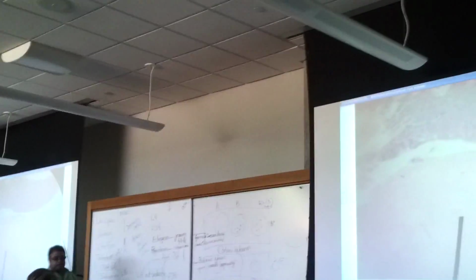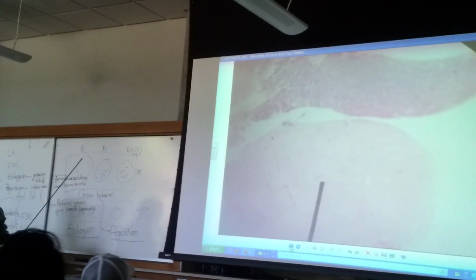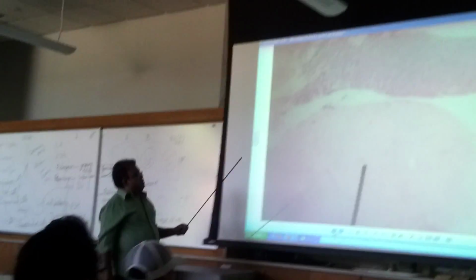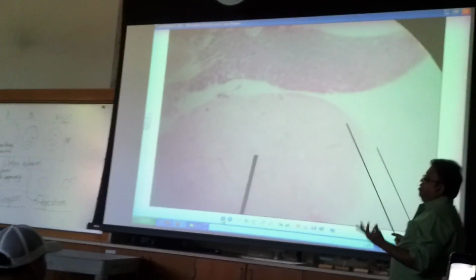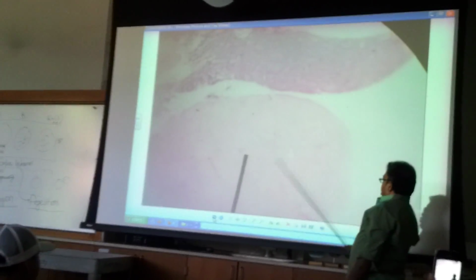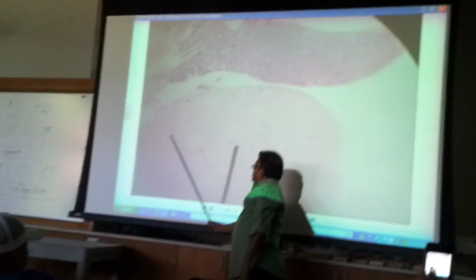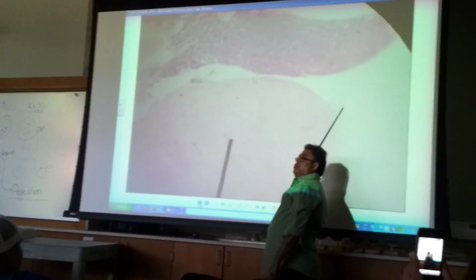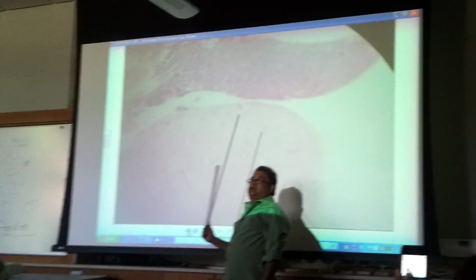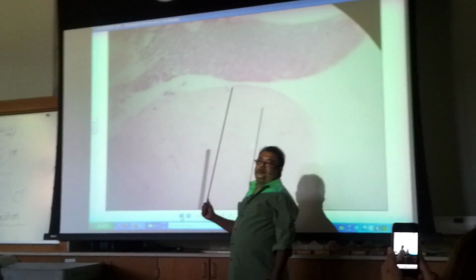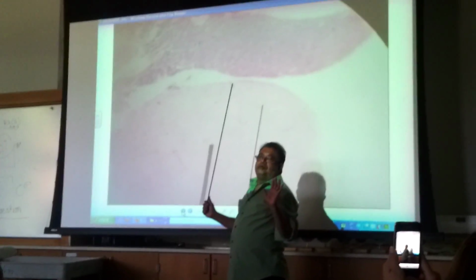What it means is, if you surgically remove the anterior pituitary, then all these 7 hormones will be gone. They will neither be produced nor released. But if you surgically remove the posterior pituitary, those 2 hormones will still be produced because they are produced in the hypothalamus.